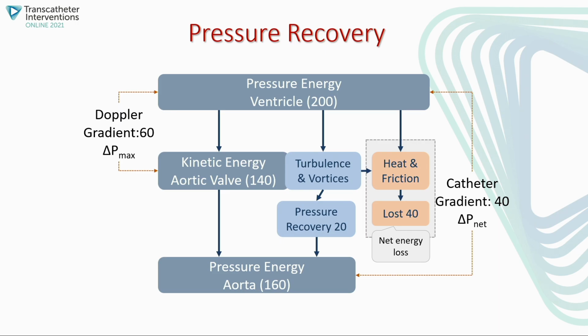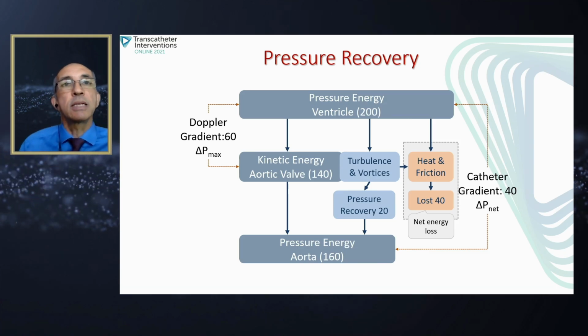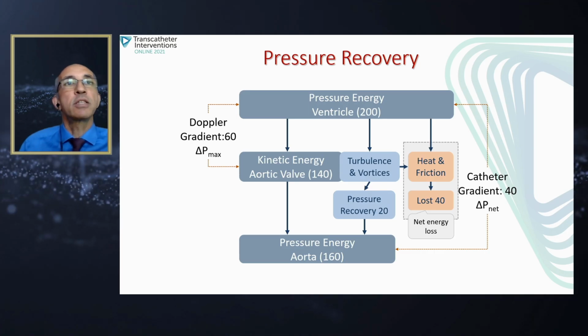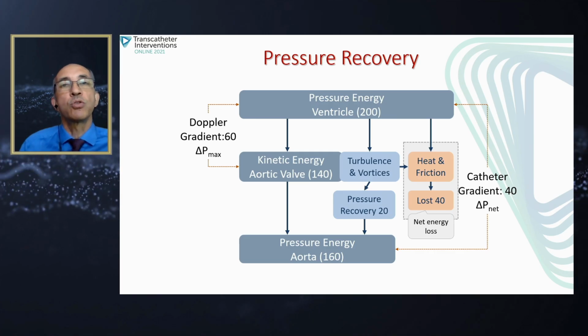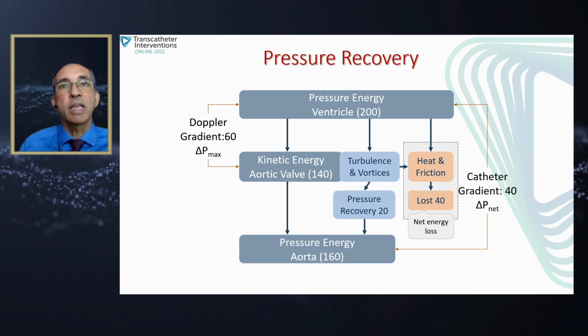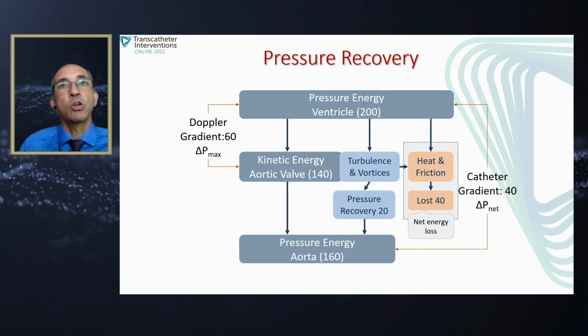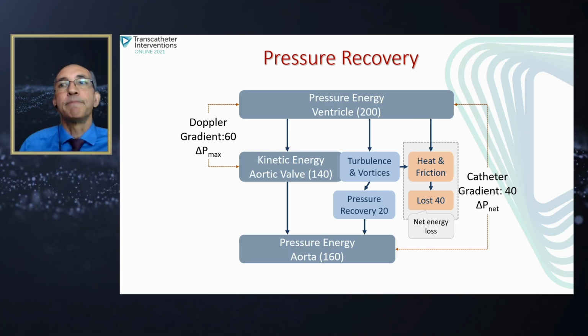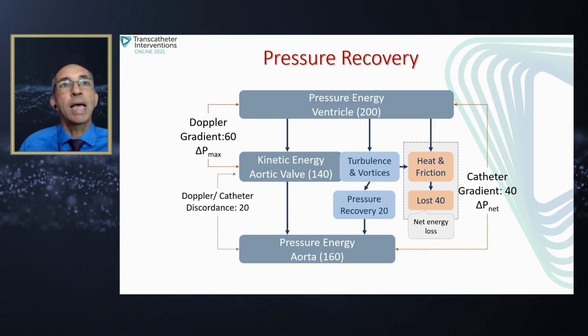And so the net pressure gradient, the difference between the ventricle and the ascending aorta, is 40, not 60 as Doppler would estimate. And the pressure gradient that is relevant from a pathophysiology and clinical standpoint is the net pressure gradient, not the pressure gradient at the level of the vena contracta that would be measured by Doppler. This shows in this case that we have a difference of about 20 between the two modalities.